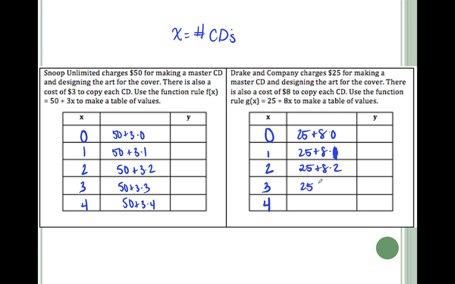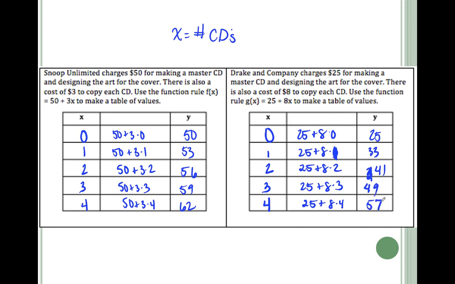I'm going to get two different sets of results because I have two different equations. So this is $50, $53, $56, $59, $62, 25, 33, 41, 49, and 57.